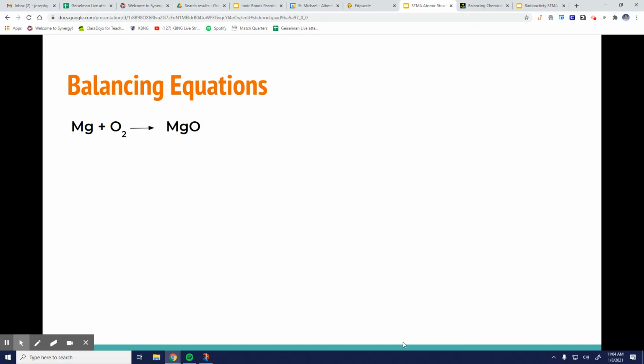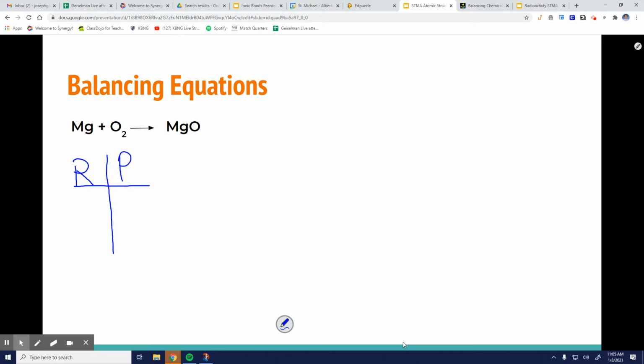When we do this, one way of balancing equations or determining how to balance equations starts by creating a T-chart of the products and the reactants. So we have the reactants on one side and the products on the other.